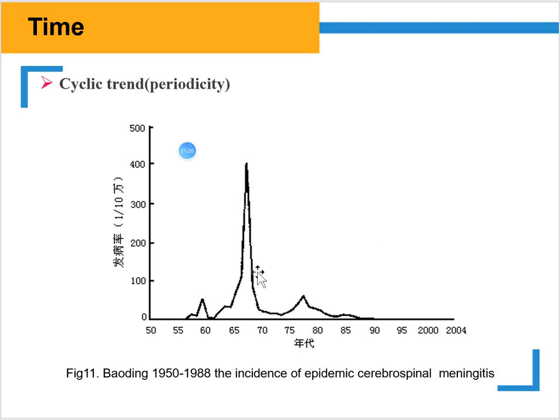There were periodic change in the incidence of epidemic cerebrospinal meningitis every 10 years before 1980s last century, and the cyclic trend was interrupted by immunization after 1980s last century.